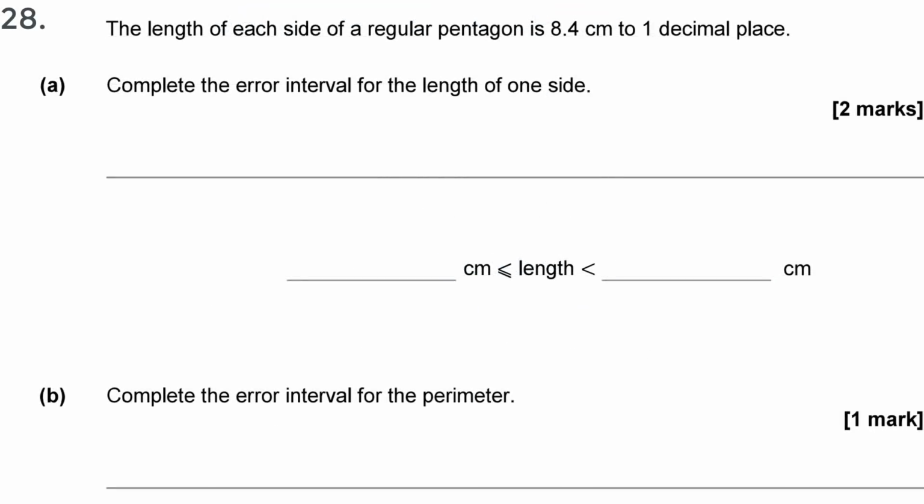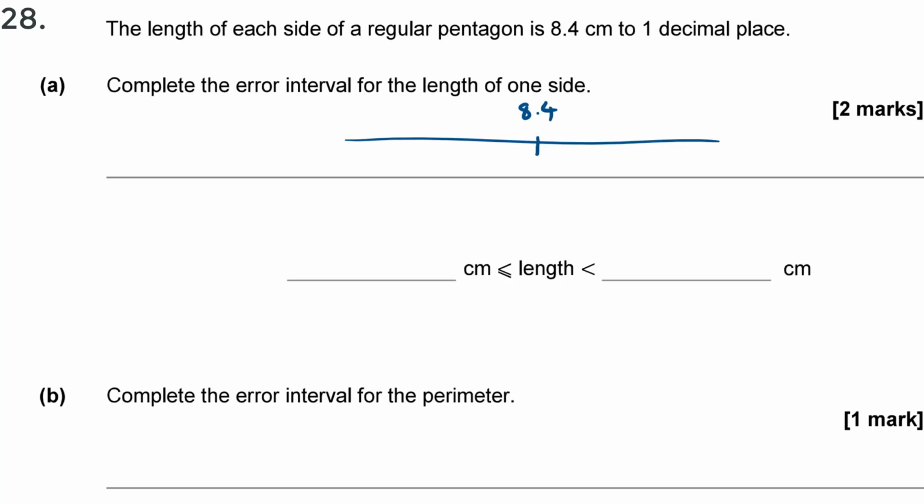The length of each side of a regular pentagon is 8.4 centimeters to 1 decimal place. Complete the error interval for the length of one side. Okay, so I always draw a kind of a scale when I'm doing these sorts of error interval questions, and I mark on the number they give me, and I imagine the scale either side of it.